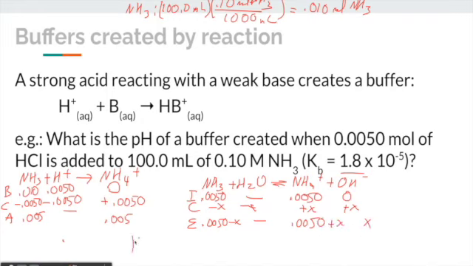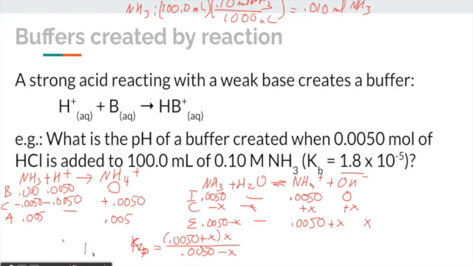So Kb, which is NH4 plus concentration times OH minus concentration divided by NH3 concentration, will just work out to 0.0050 plus X times X divided by 0.0050 minus X. And Kb is small.